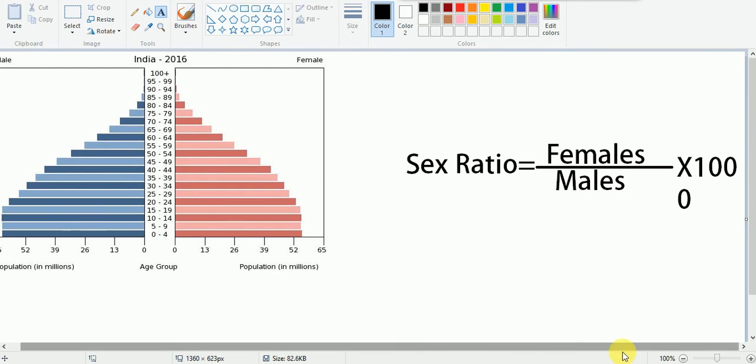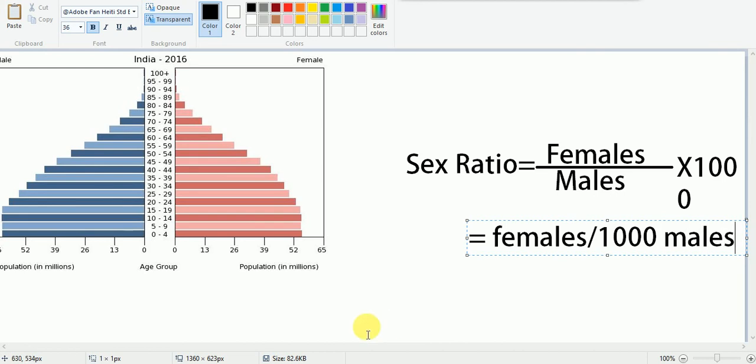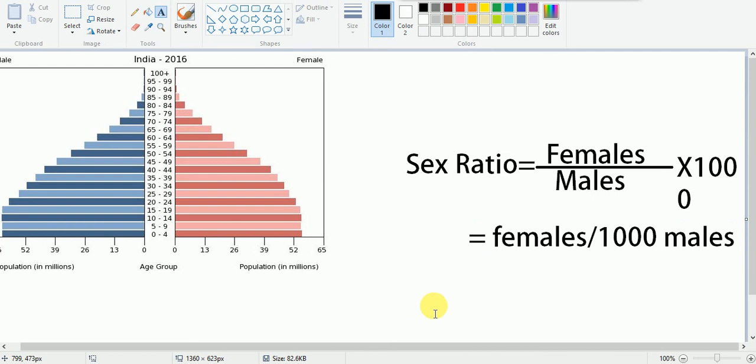Why are we multiplying it by 1000? Because it is expressed in terms of 1000. Here you will get how many females per 1000 males. That means your answer will be the number of females per 1000 males. So this is the formula for calculating sex ratio.